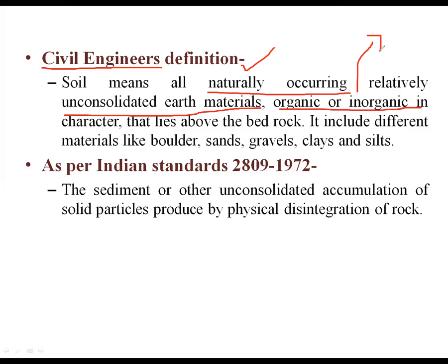Black cotton soil also contains some kind of organic material, so it has maximum fertility. So soil contains organic or inorganic characteristics and lies above the bedrock. It must be placed above the bedrock. It includes different materials like boulder, sand, gravel, clay and silt.